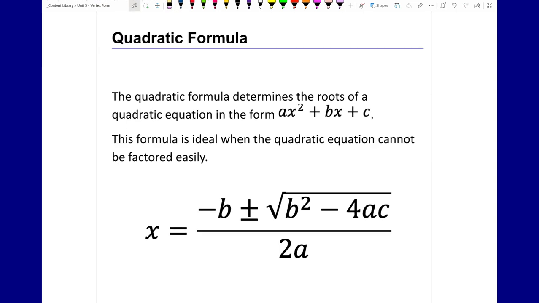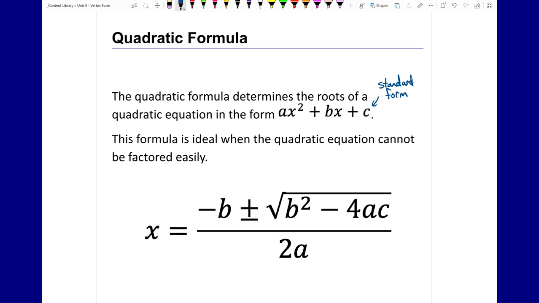So the quadratic formula determines the roots of a quadratic equation in the form ax squared plus bx plus c. Again, remember, this is standard form. So this is when we're given standard form. Now this formula that we see below is ideal when the quadratic equation cannot be factored easily.